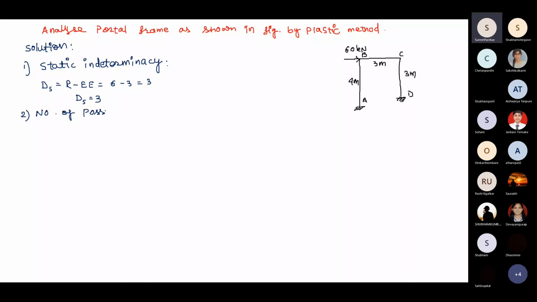Number of possible plastic hinges. Capital N equal to how many will come?